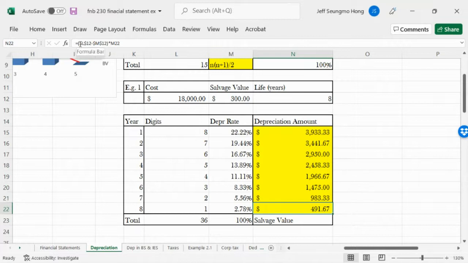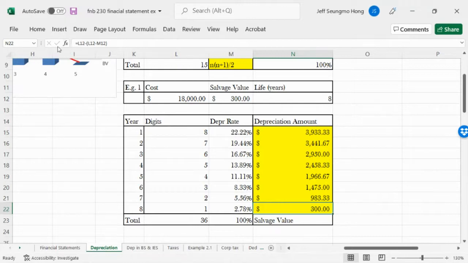So to make adjustment, it would be easier if I have accumulated depreciation, but for now, only in the last year, L12 minus whatever is, so in the last year, you should arrive at the salvage value.